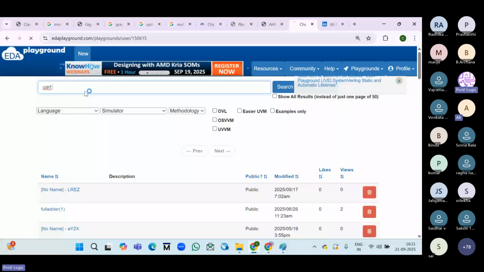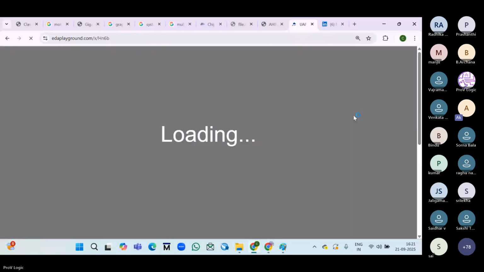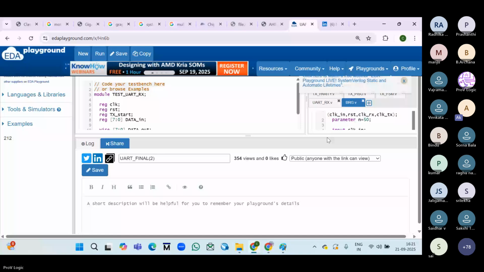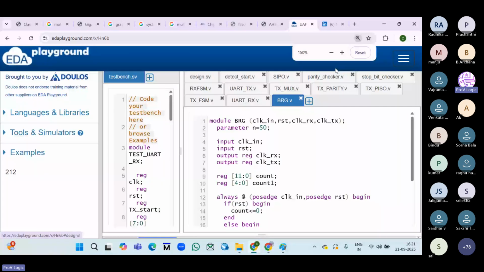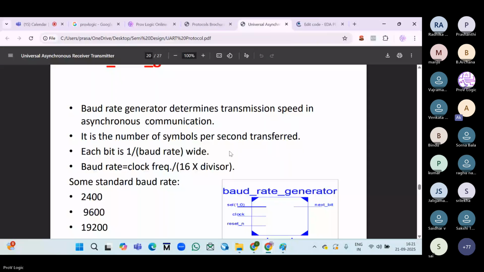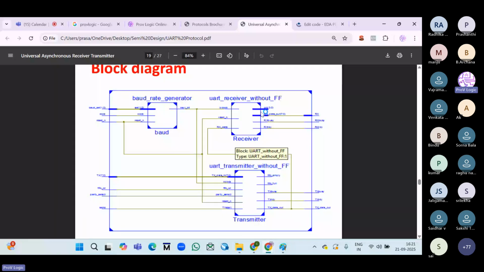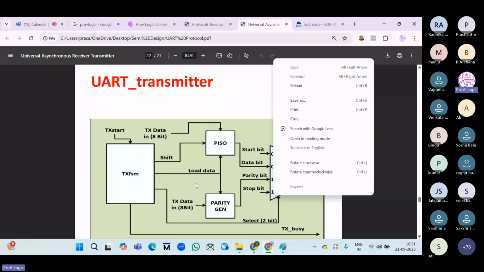The remaining projects focus mainly on SV and UVM. Got it. So for the UART, are you also using a FIFO? No. Here is the entire RTL design. What are the three major blocks you have seen here? The transmitter, the baud rate generator, and the receiver. In the UART transmitter there are 4 different blocks, and in the UART receiver there are 5.